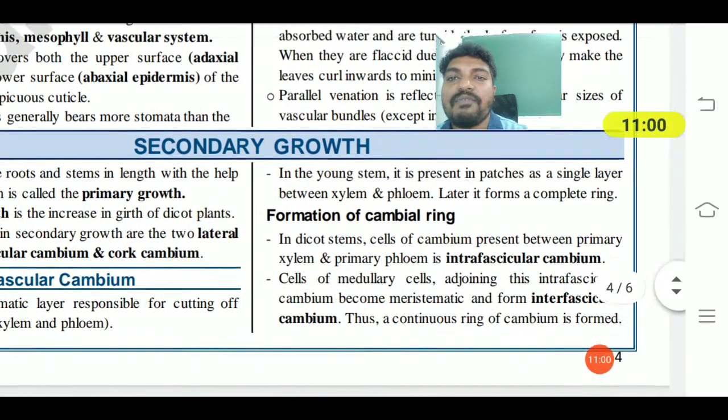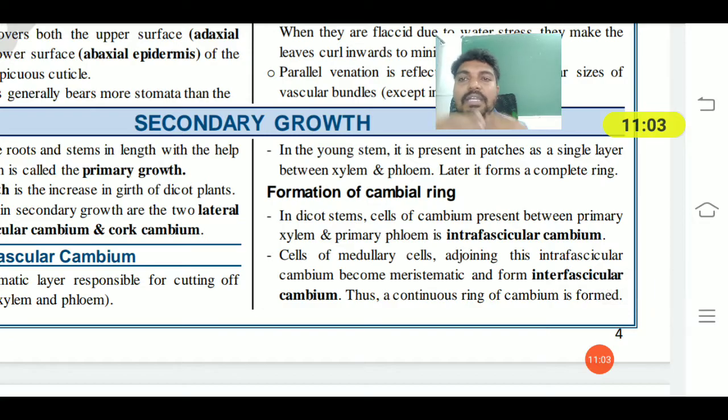And here is the formation of the cambium ring. The intrafascicular cambium and the interfascicular cambium complete a full cambium ring that gains meristematic activity. The intravascular cambium is within the vascular bundles, between xylem and phloem. Between the vascular bundles there is the intervascular cambium.